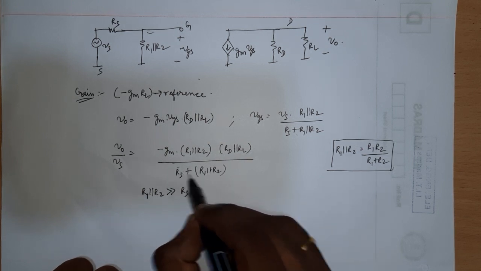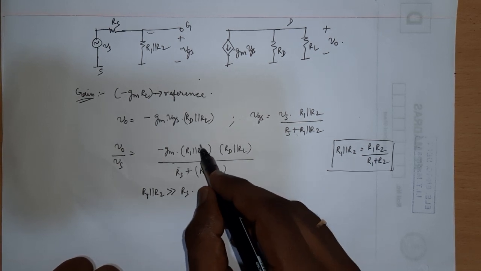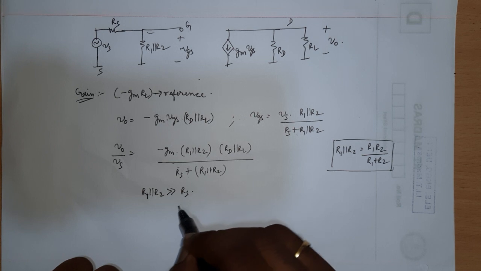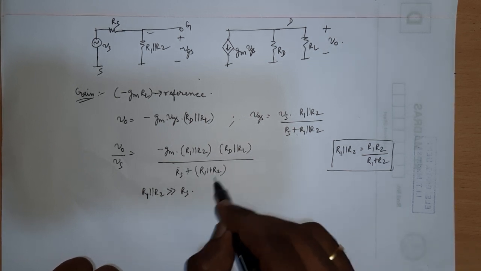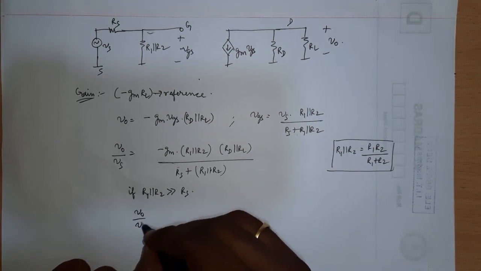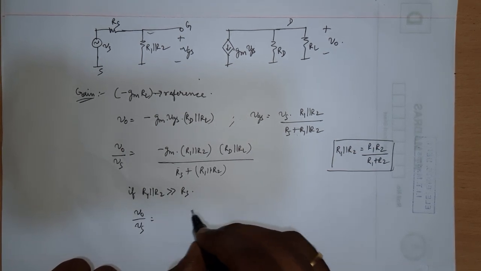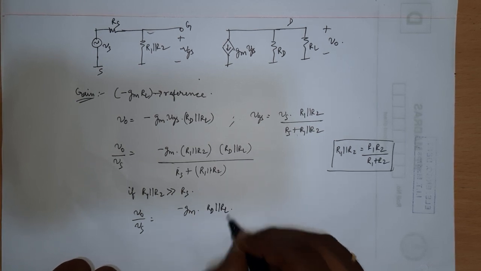RS when added to R1 parallel R2 should be negligible. In that case, I could cancel out R1 parallel R2 with the denominator, because RS is nothing compared to this value. Then my V0 by VS would be minus gm RD parallel RL.